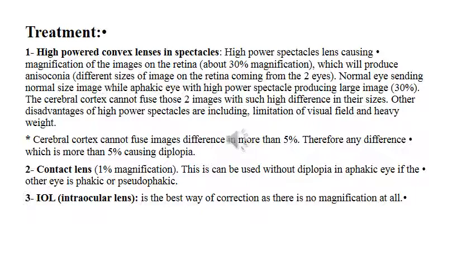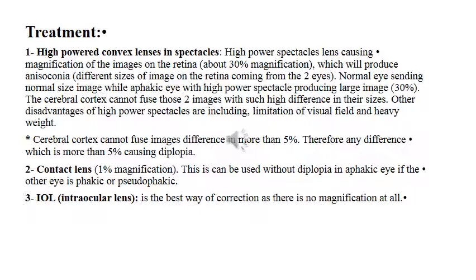Hypermetropia is a type of refractive error where the parallel rays of light entering the eye are brought to a focus behind the retina. This means it's a virtual focus, and it's usually corrected by convex lenses or plus lenses. Usually the first line of treatment in bilateral aphakia is high-powered convex lenses, spectacle glasses.